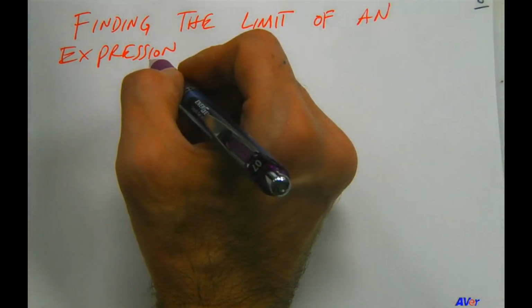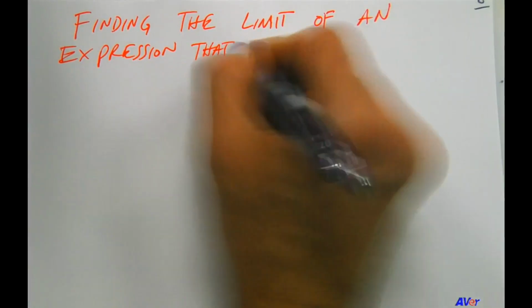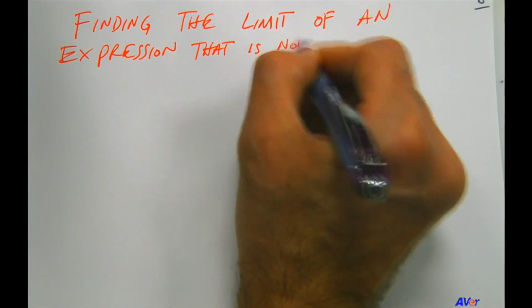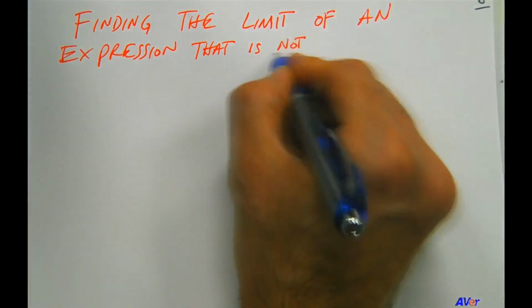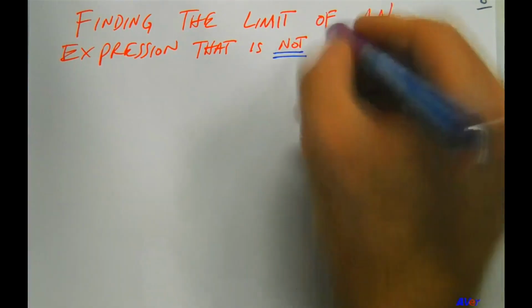So far we haven't seen any of those yet, right? So we're going to look at those right now. And once again, let me underline this. That is not a rational function.